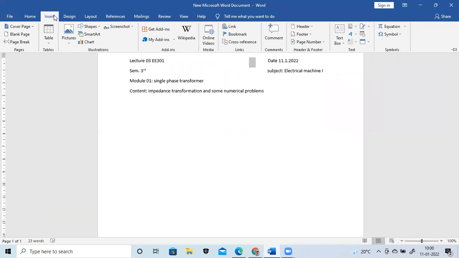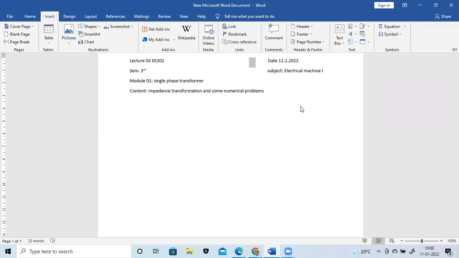The relation of the turns ratio for the ideal transformer: V1 by V2 equal to E1 by E2 equal to N1 by N2 equal to K. Is it not?